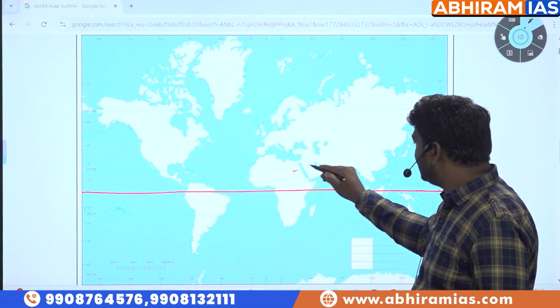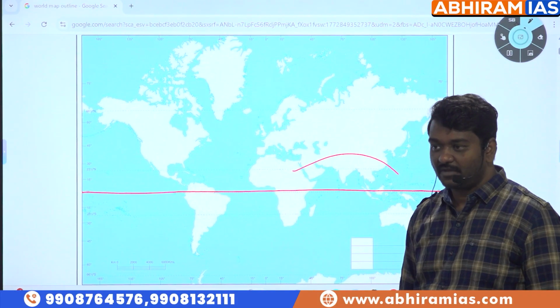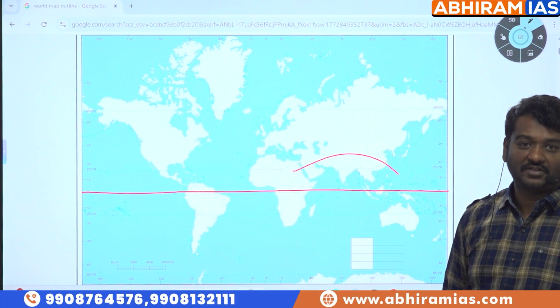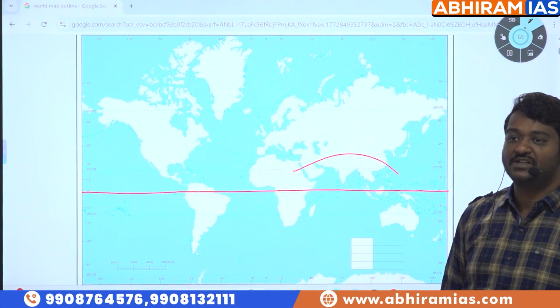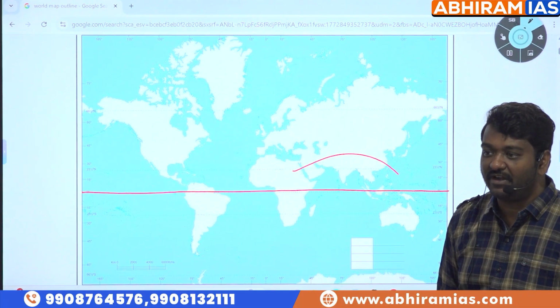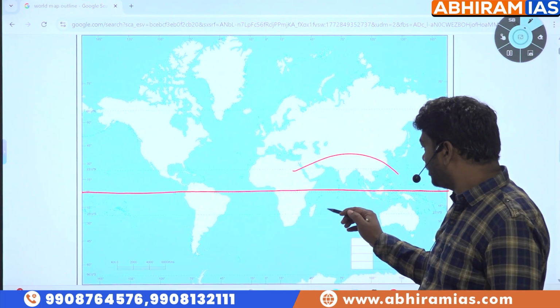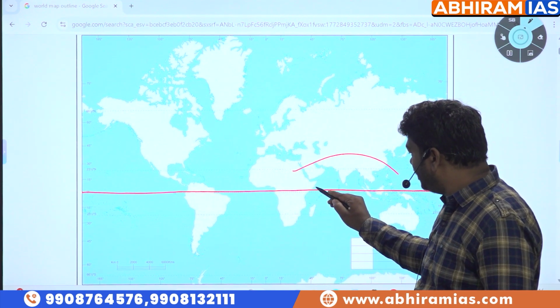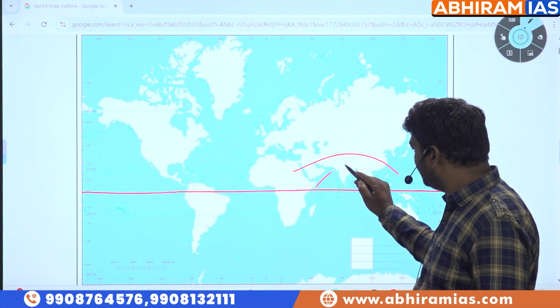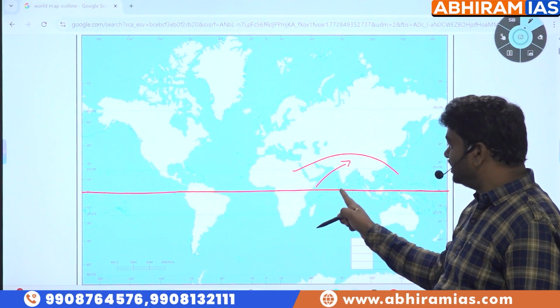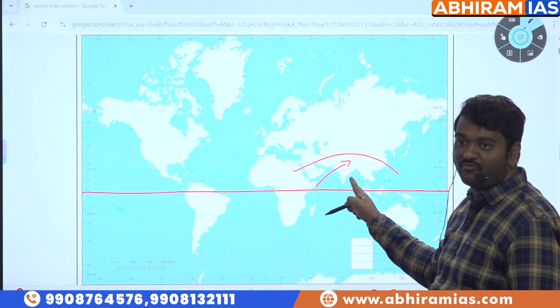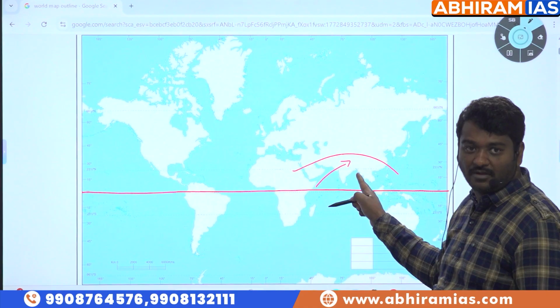When ITCZ shifts like this, India is covered with, you recollect yesterday we said, southwest trade winds. Southwest trade winds will blow from where to where? Is it blowing from the Arabian Sea to the Bay of Bengal or from the Bay of Bengal to the Arabian Sea?